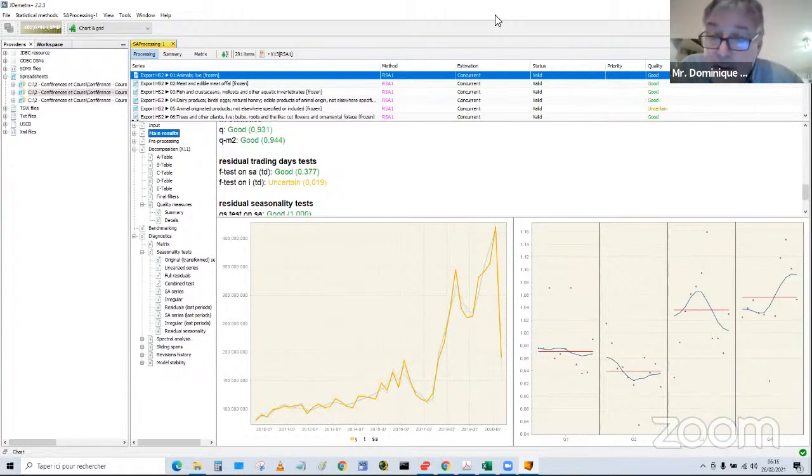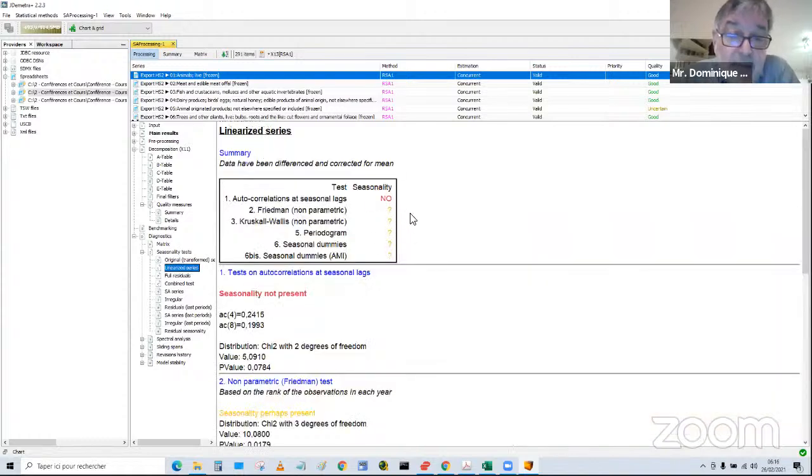So in this very specific situation, if I trust the seasonality test, it will tell me that basically I have no seasonal component. I'm not sure, because it's a difficult series, okay?